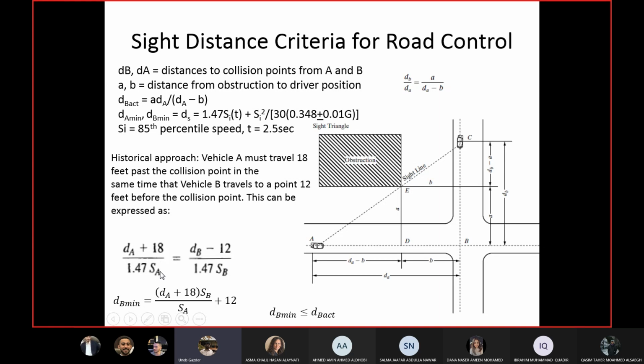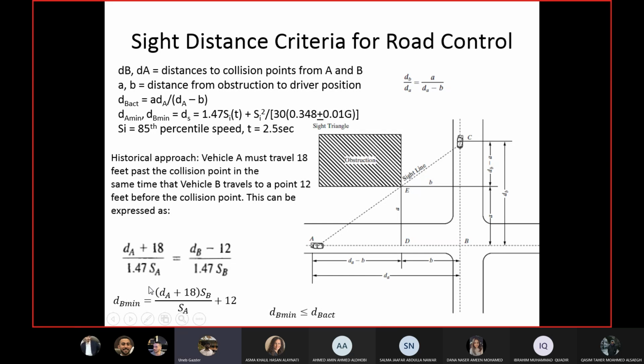So there were two approaches to find out minimum side distance for vehicle coming from road B. One was using the side distance, the other was using the historical approach of having vehicle A 18 feet ahead of the collision point and vehicle C 12 feet before the collision point.